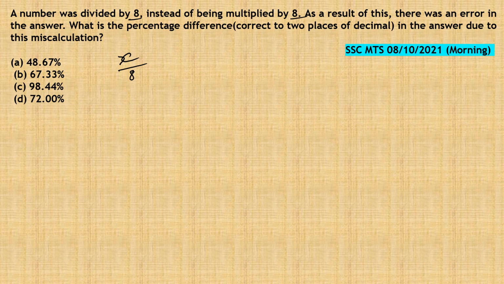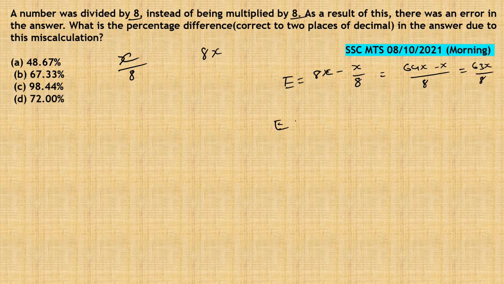It was asked to multiply by 8, that is 8x is the original number. We need to find the error, that is 8x minus x by 8 is equal to 64x minus x, that is 63x by 8. It is the error.